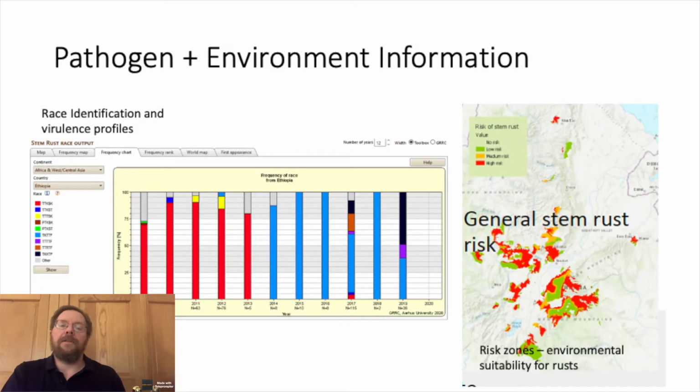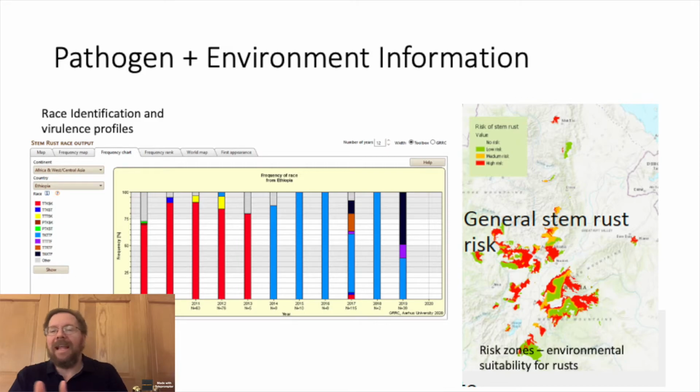Next slide. This slide describes, based on monitoring, what races have been prevalent and at what times, both here and in neighboring countries. For example, from 2010 to 2013, TTKSK was very dominant, whereas in 2019, TKKTF is now more common.